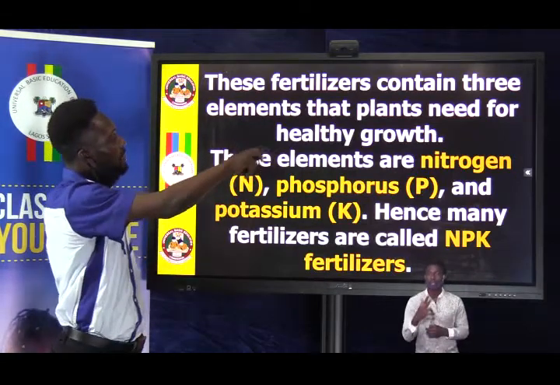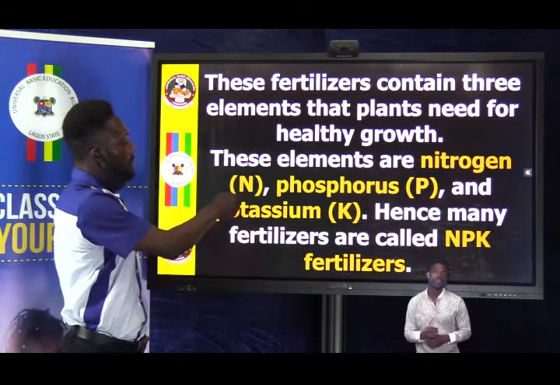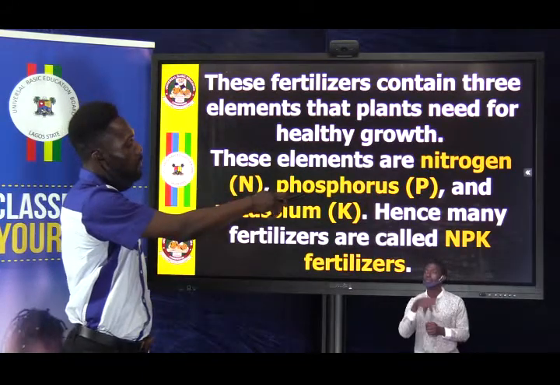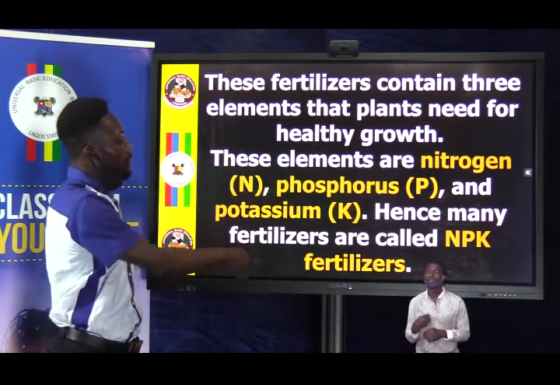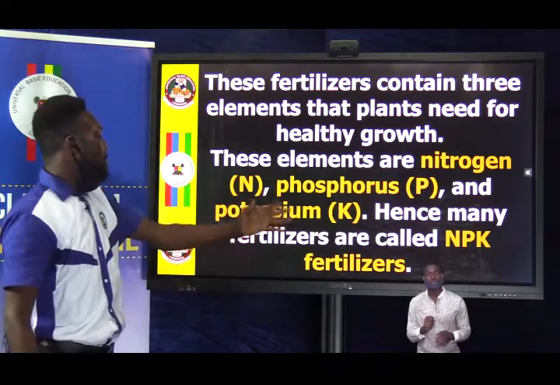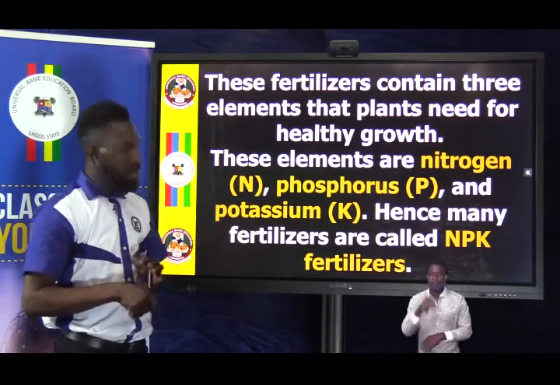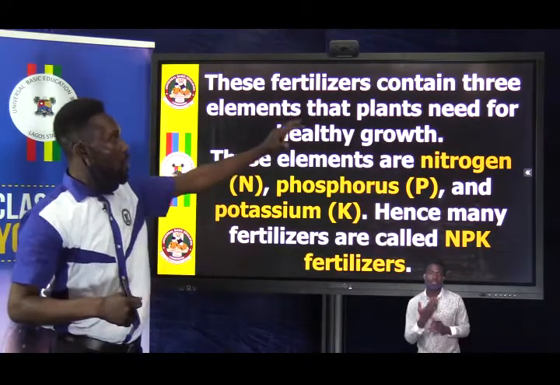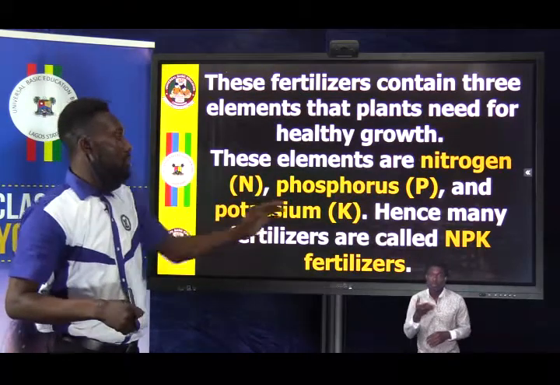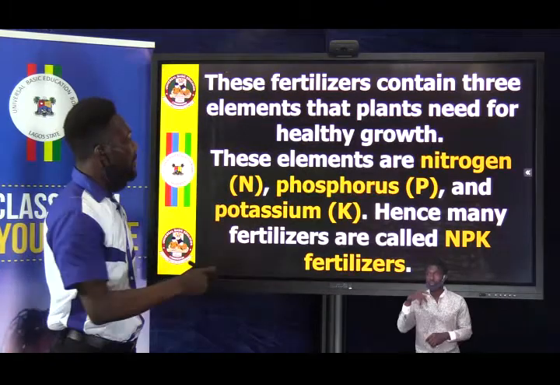These are nitrogen, represented with N, phosphorus, that's P, and potassium, the symbol is K. Hence, many fertilizers are called NPK fertilizers because of the nitrogen, phosphorus, and potassium. So they are called NPK fertilizer.